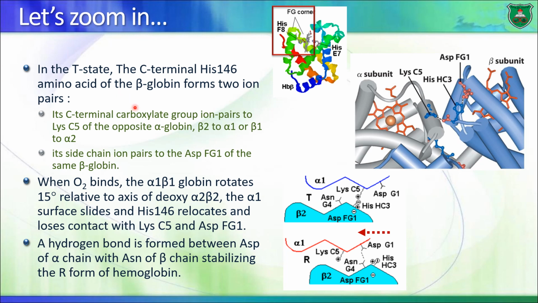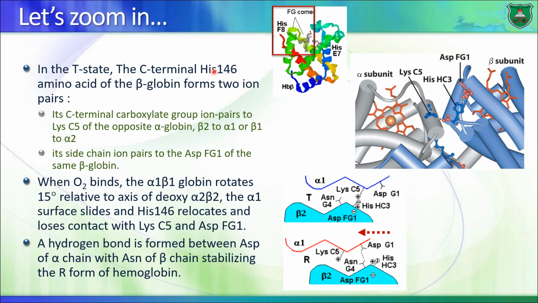So what happens is in the T state, the C-terminal histidine 146 of the beta globin chain forms two ion pairs, two electrostatic interactions. Remember, we said that the beta globin chain contains 146 amino acids. The very last one is histidine, and it's known as histidine 146.